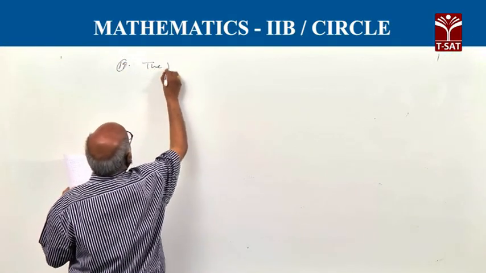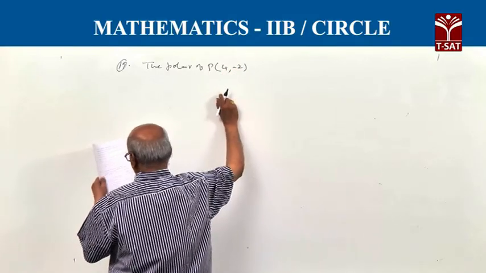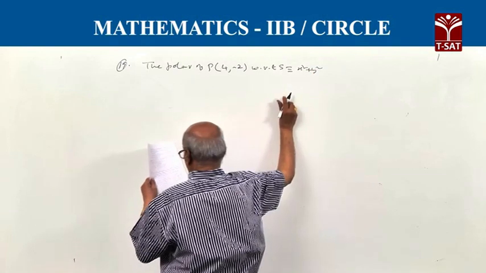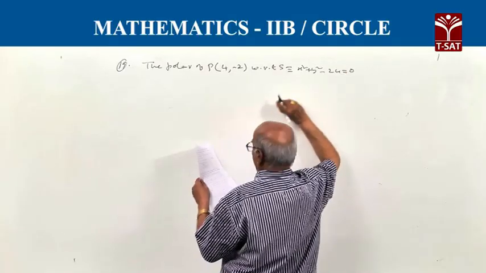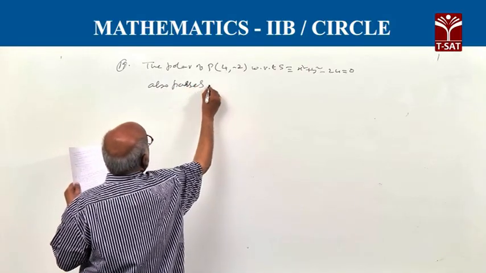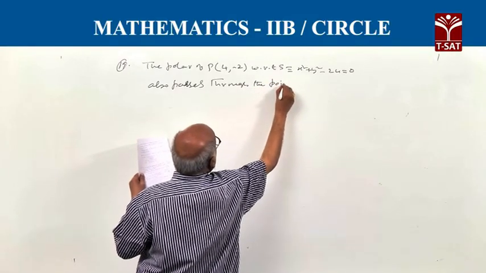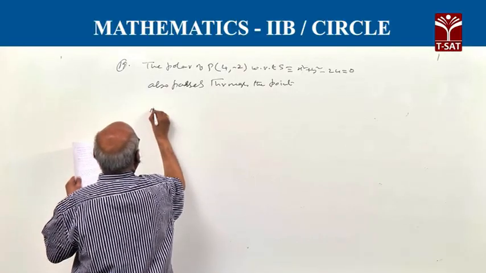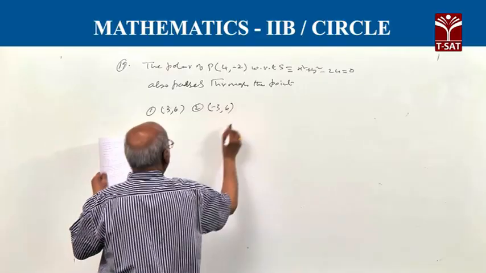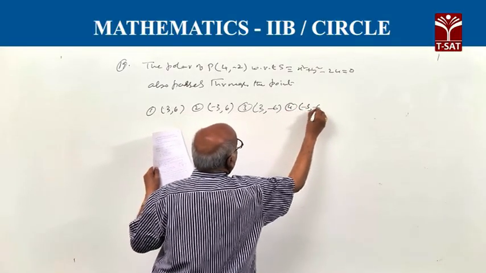The polar of P(4, −2) with respect to S = x² + y² − 24 = 0 also passes through the point: 1) (3, 6), 2) (−3, 6), 3) (3, −6), and 4) (−3, −6).